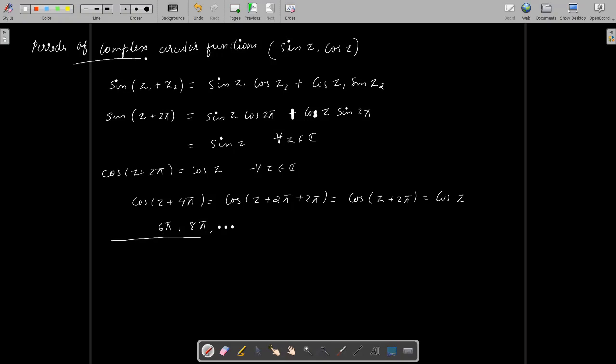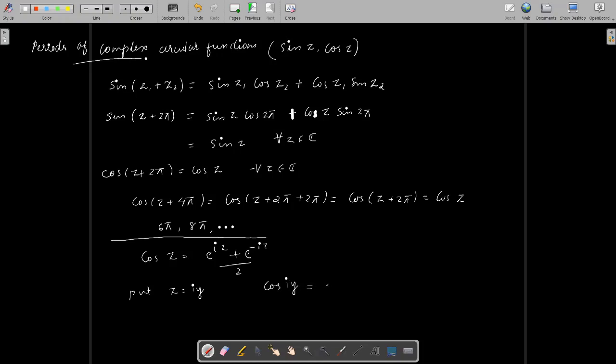Another interesting fact about these circular functions arises when you evaluate cos. We know that cos z is e raised to iz plus e raised to minus iz, all divided by 2. Put z equal to iy, a purely imaginary number. If you replace z by iy, what is cos iy, for y a real number?